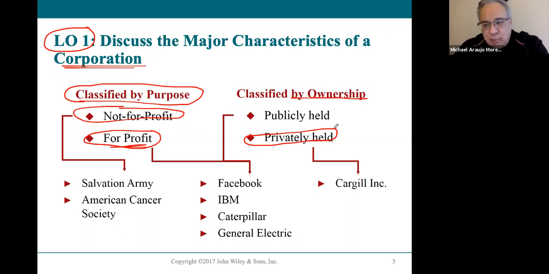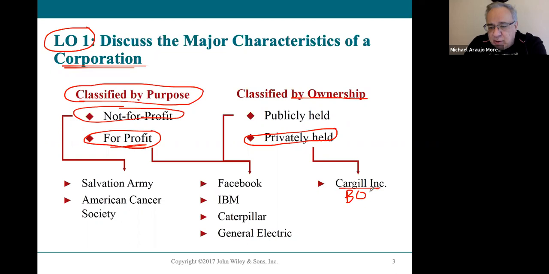A privately held corporation simply means that whatever is happening in the corporation in terms of its revenue, its profitability, assets it has, debts it has, is simply the private information for the owners.